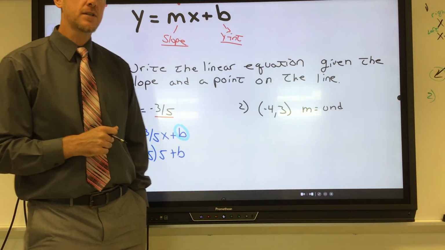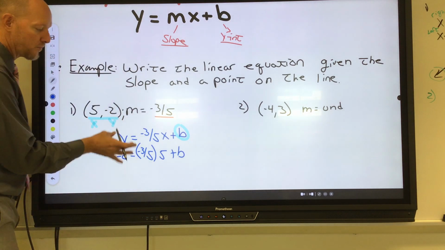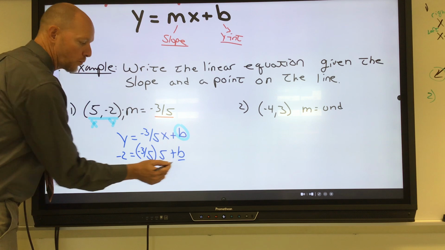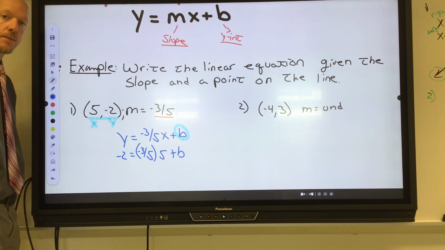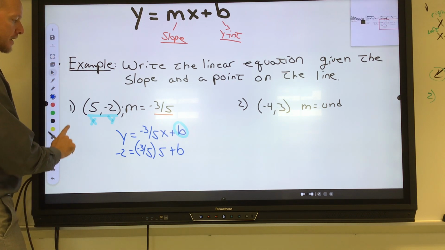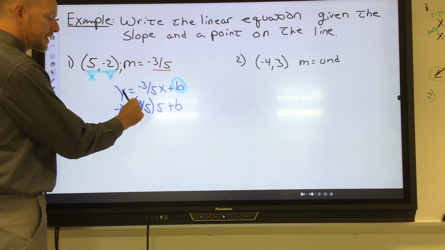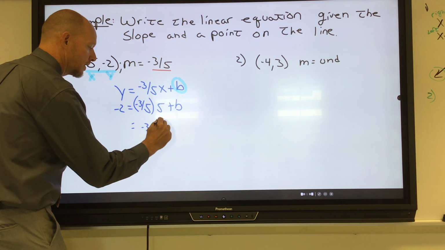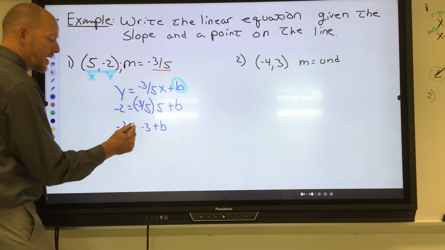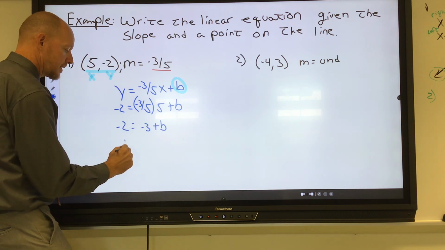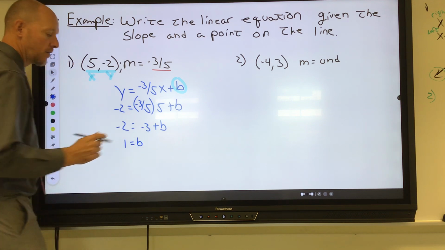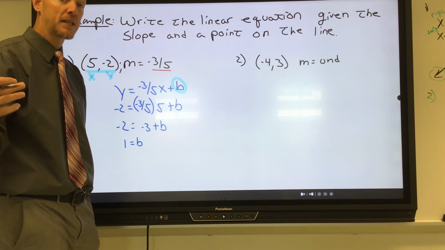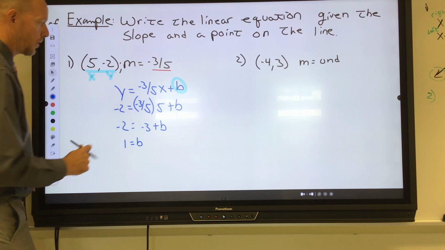That's a really good scenario, because now I have one equation with just one unknown, the b value. In solving this, I take negative 3/5 times 5, which gives me negative 3. Then I add 3 to both sides to give me 1 for my b value, or in other words, my y-intercept is 1.